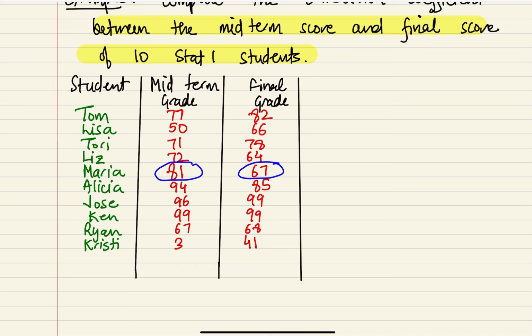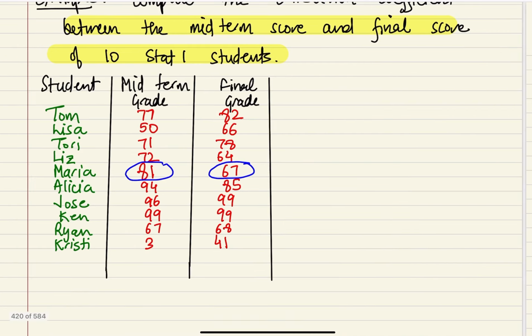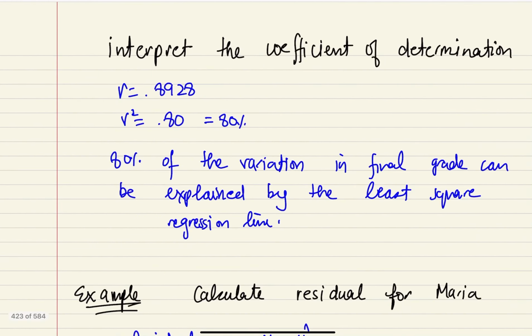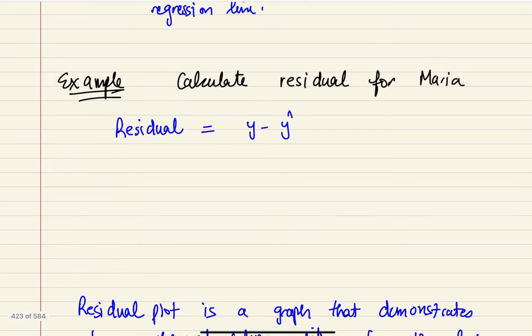So midterm grade is 81. Based on that, we can predict the final grade. That will be our predicted value. So predicted final grade for Maria, because that's what the least square regression line does. Based on a midterm grade, it's going to predict a final grade.